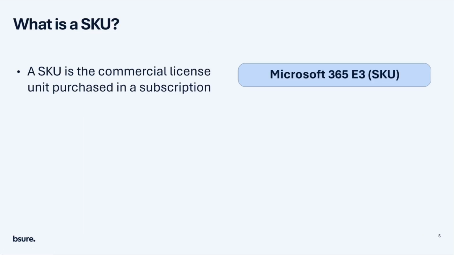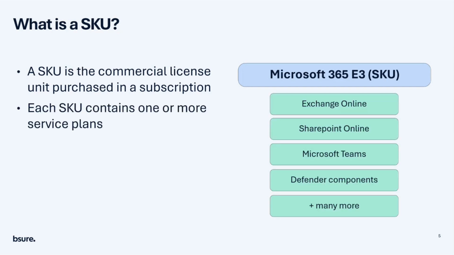Quickly, what is a SKU? A SKU is the commercial license unit you purchase. For example, Microsoft 365 E3, a common one, using that as an example. And inside the SKU, there are multiple service plans. Each service plan represents an individual workload, like Exchange, SharePoint, Teams, the different Defender components.